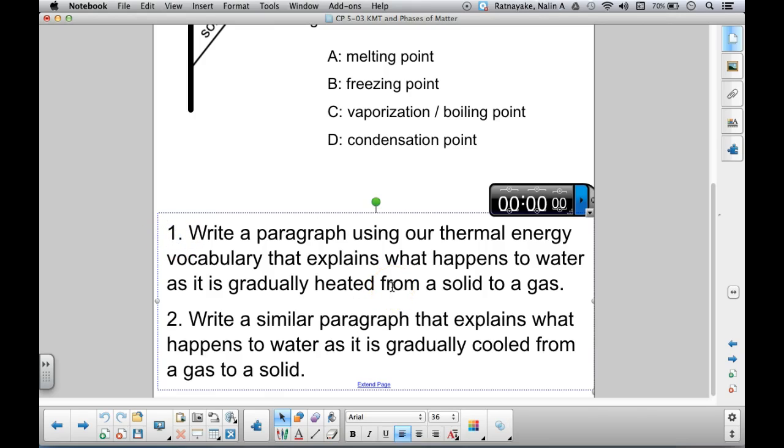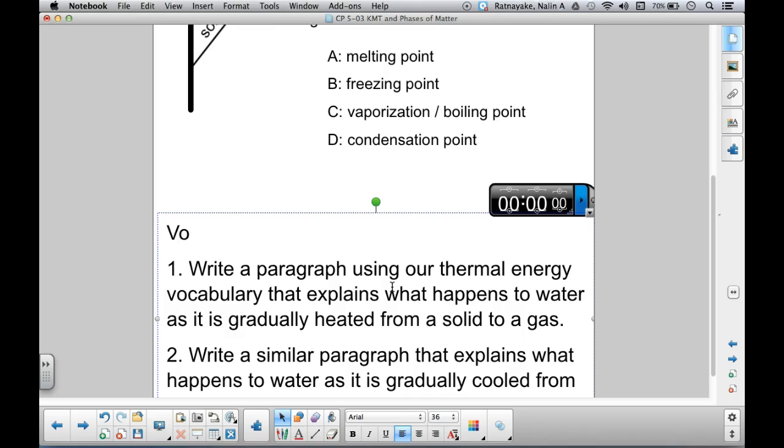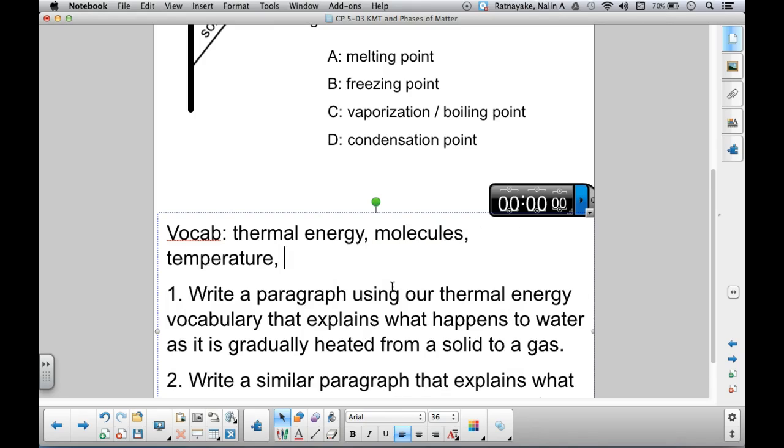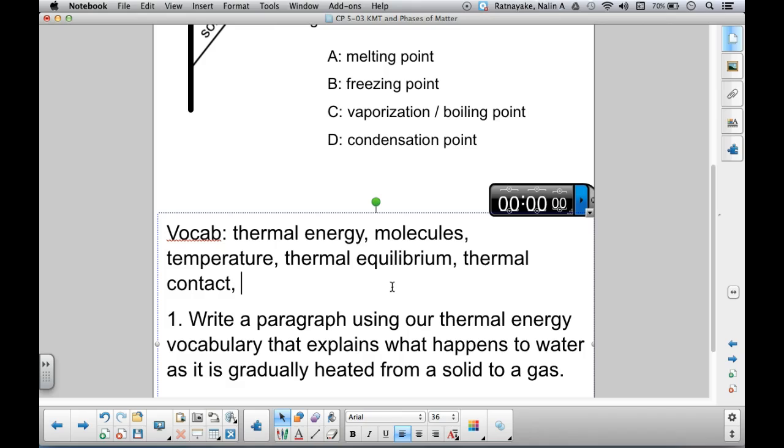We're going to write a paragraph that explains what happens to water as it is gradually cooled from a gas to a solid. And if you don't remember our vocabulary words in this unit so far, we have used thermal energy, we've used molecules, temperature, thermal equilibrium, thermal contact, heat, and phase.